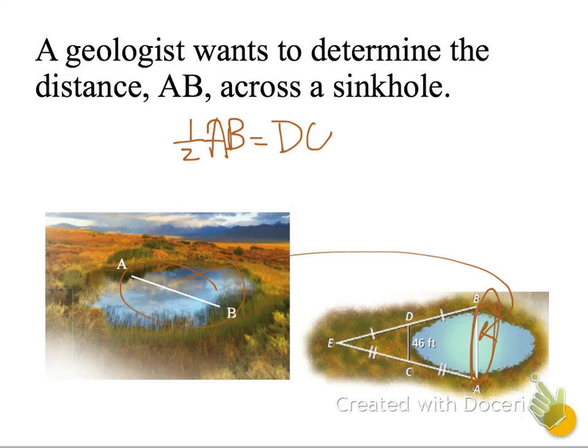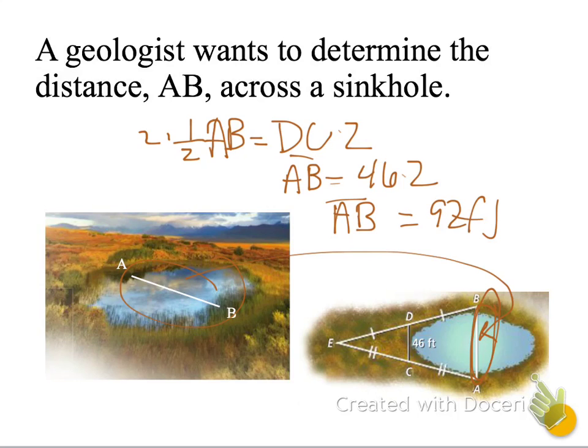So if I multiply this side by 2, we know DC is 46. So now I'm doing 46 times 2. So AB is 92 feet. Make sure you label it. Okay, so you think backwards again. You have to double it to get back to square one. If we would have had 92, you just take half of it to get that mid-segment.